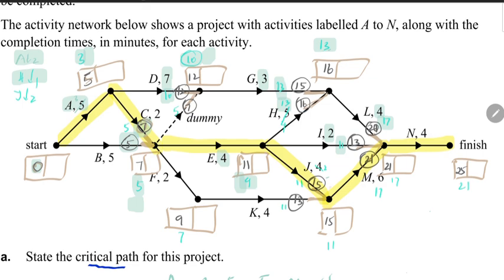Now most of the other activities seem to be on the critical path, so definitely there's going to be some reduction there. So let's come along F. 5 plus 2 is 7. 7 plus 4 is 11. Now those are the activities which are not on the critical path.